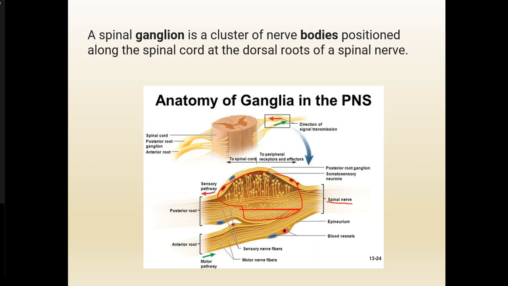This is again the posterior or dorsal root, your sensory pathway, and it contains this ovoid structure which contains the cell bodies of all the sensory neurons that are involved in the sensory pathway, in collecting information basically from your skeletal muscle, skin, or also other organs.